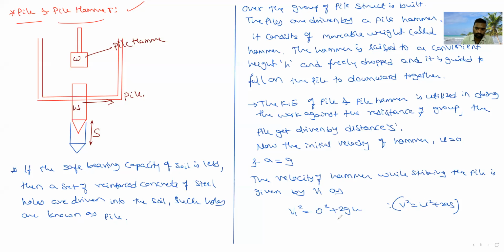So v1 is equal to the square root of 2gh.